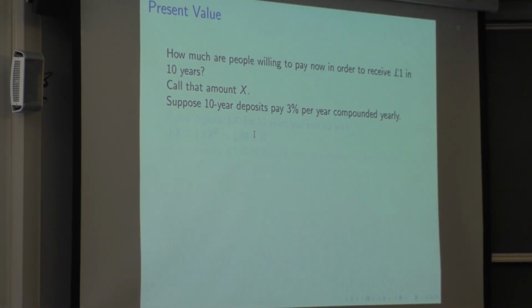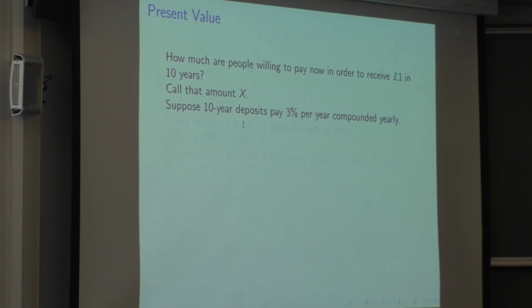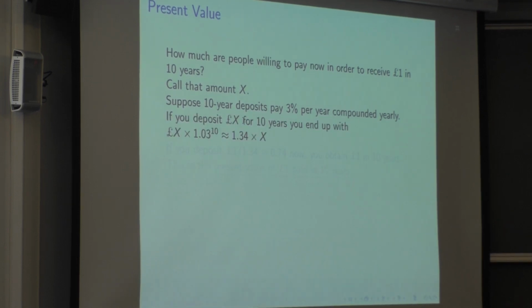Now, suppose that you take this X pounds we're trying to find and you deposit it for 10 years. With how much money are you going to end up? Well, the original X times 1 plus 3% raised to the 10, because you're going to get compounding of interest 10 times. And the number turns out to be 1.34 times X. Now, okay, so suppose that you solve for X.